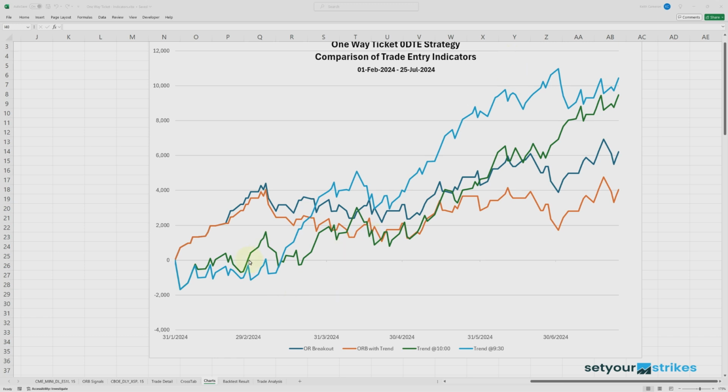We can see the 931, the blue line, really went sideways before it took off. And the opening range with trend and opening range breakout, which are both very similar, went up while the others were going sideways, and then dropped while it was climbing. Interesting, it looks a little bit different.